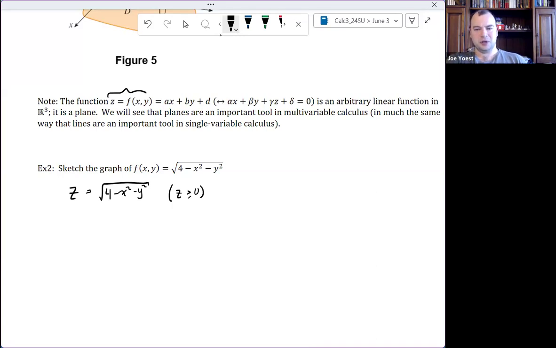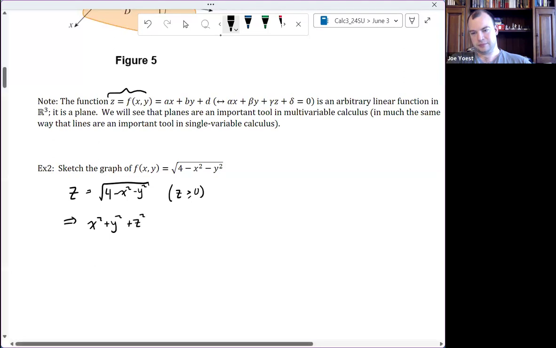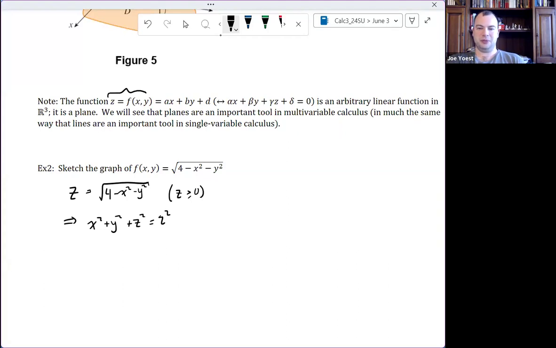And I see I can square both sides. I can get all my variables on one side. And I see I have x squared plus y squared plus z squared equals 2 squared. Or this is just the equation for a sphere of radius 2. I can see that by square rooting both sides.